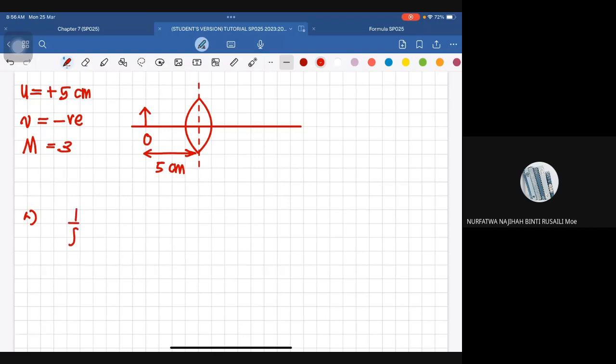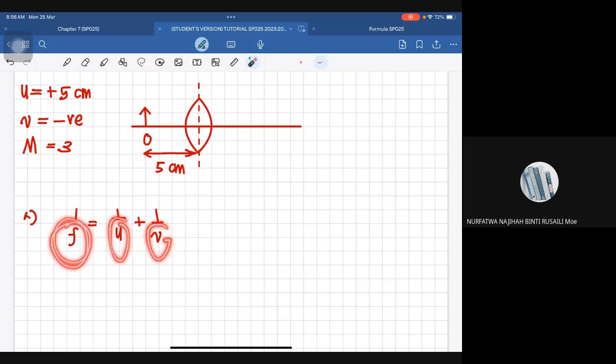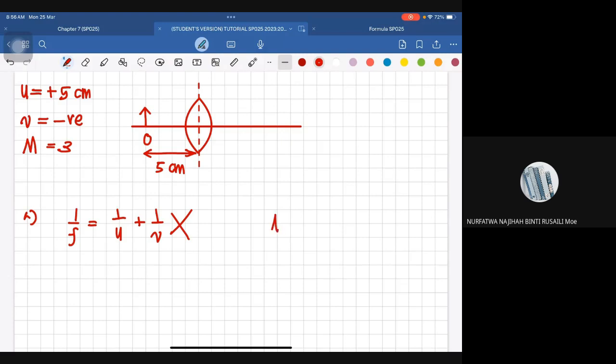Selalunya budak akan guna 1 over f equals 1 over u plus 1 over v. Okay, tapi the problem is, kita ada u, kita cari v, tapi kita tidak nilai f. So kalau tidak nilai f, kita tidak boleh guna this equation. So kita ada satu lagi equation yang involve image and object distance, which is m equals negative v over u. So bolehkah tidak kita guna yang ini?